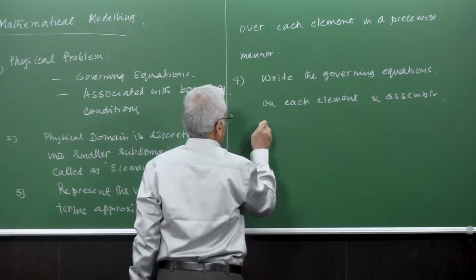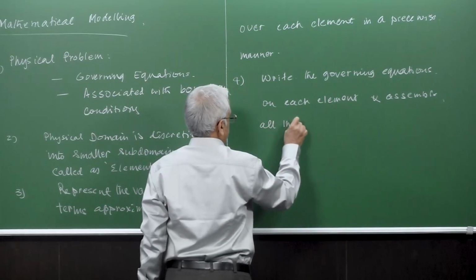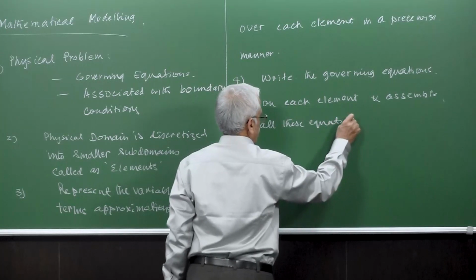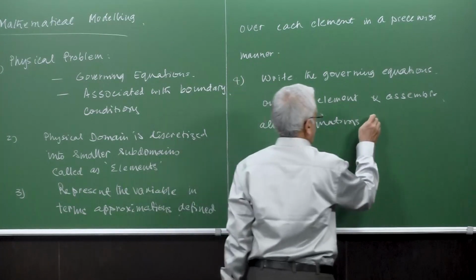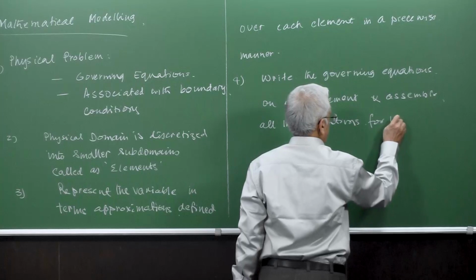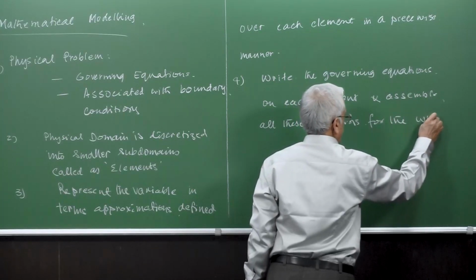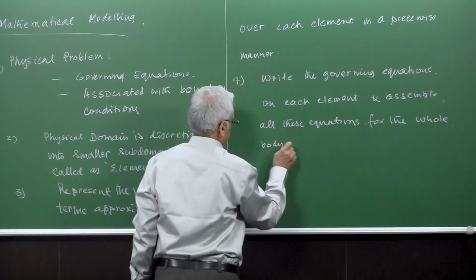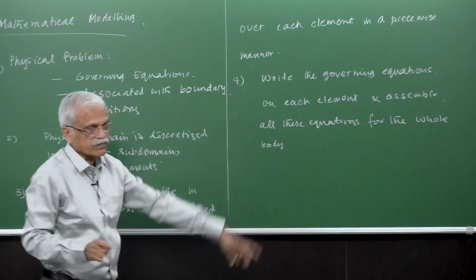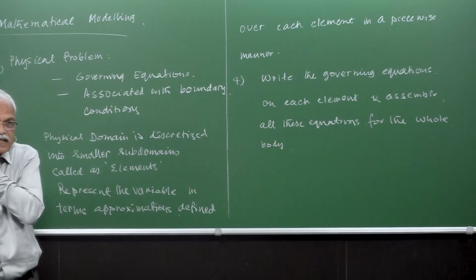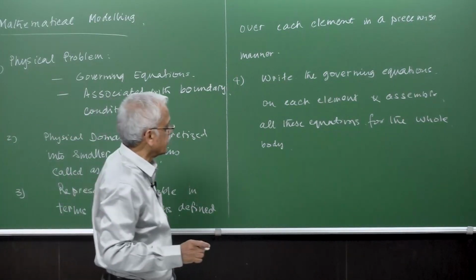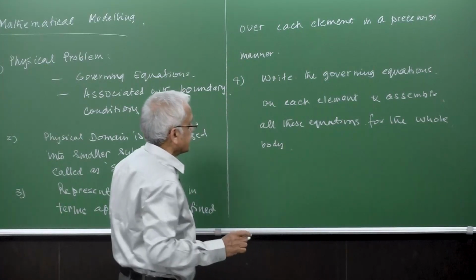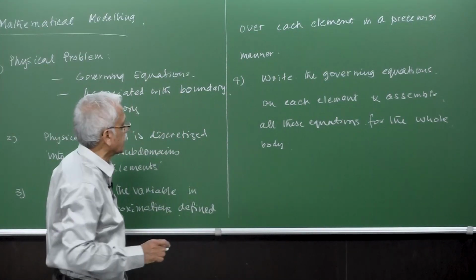And finally, we assemble all these equations for the whole body. This is where the assembly comes. For each element, we get a certain number of algebraic equations, and those are assembled to get the complete set of equations for the whole body.